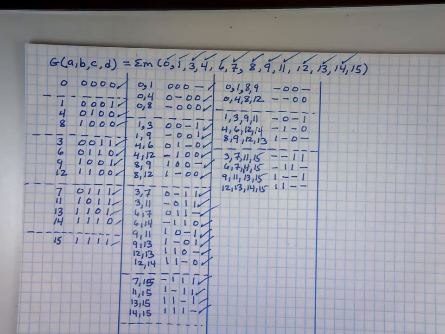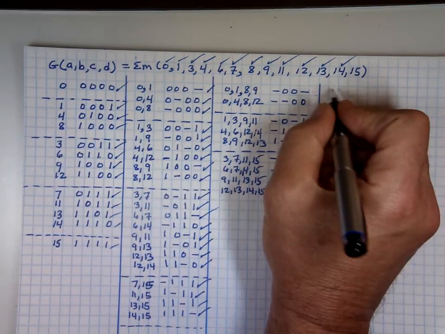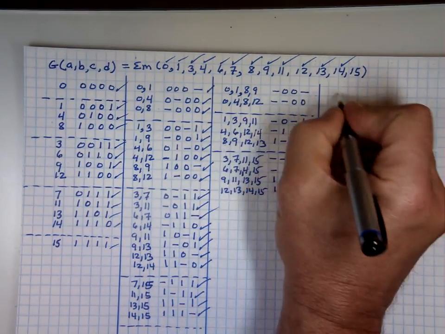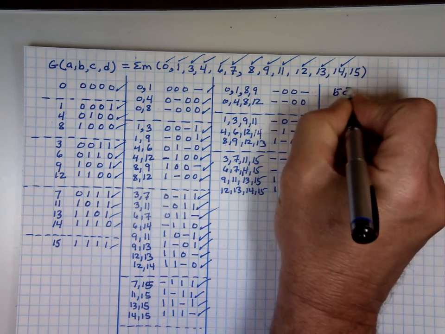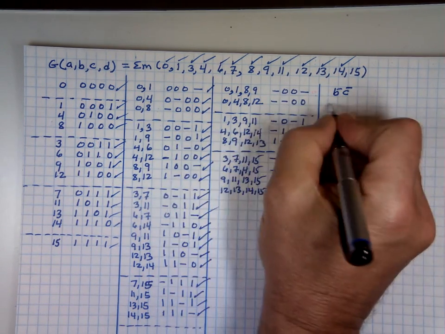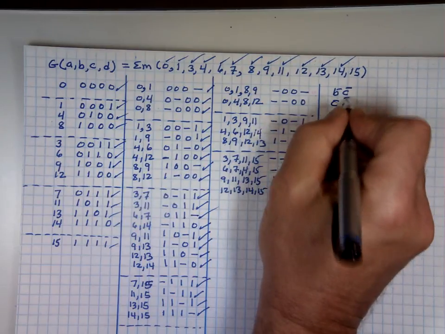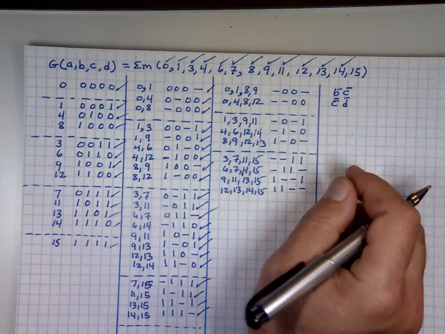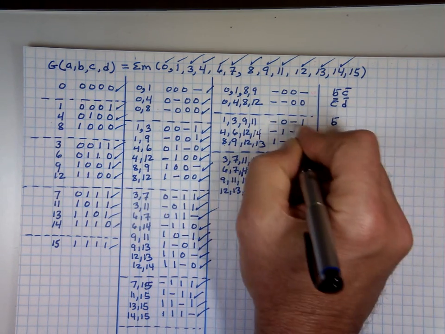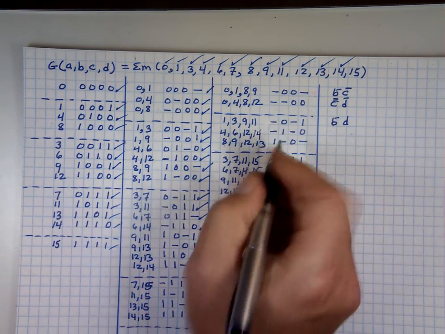So when you write this one, that's A, B, C, D. A, B, C, that's B bar, C bar. A, B, C, D, C bar, D bar. A, B, B bar, C, D. A, B, C, D bar.